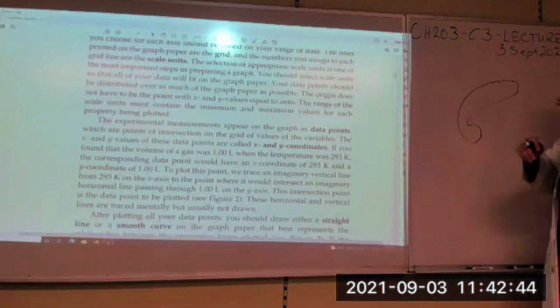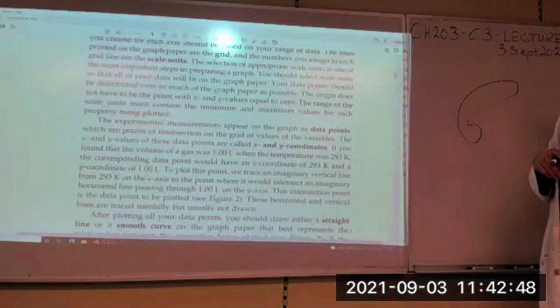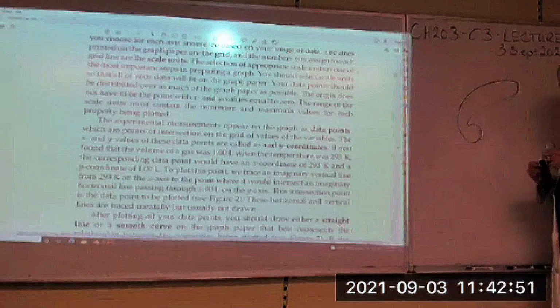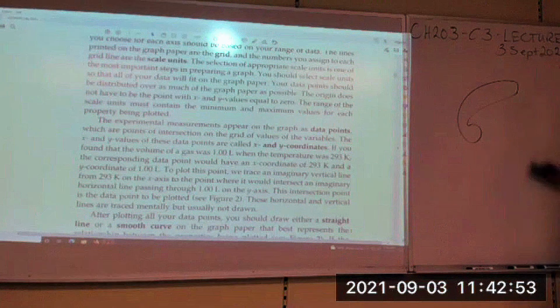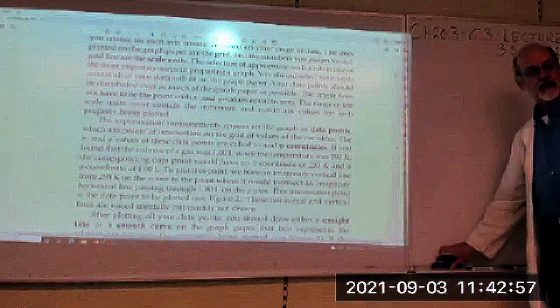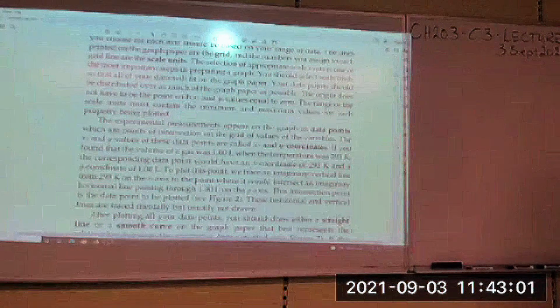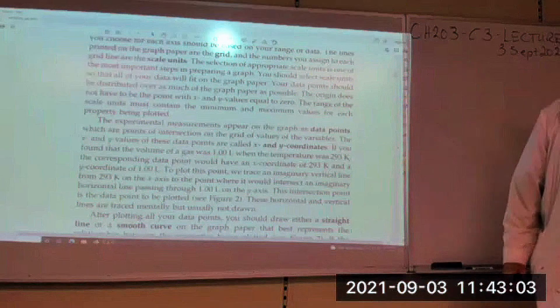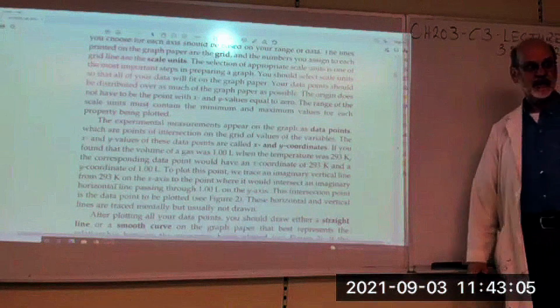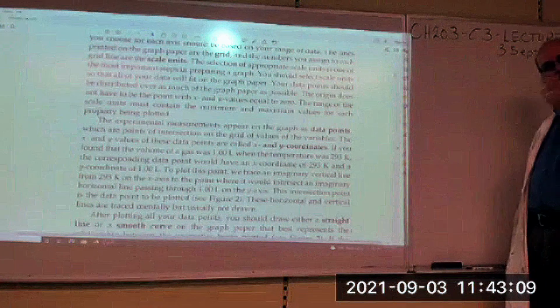So you can just move it around until it matches your data points and draw a smoother line using it. Now this is all, of course, for manual graphing. And that's where we're starting. There are computer programs that will help you out a lot with this. But this is so that you have a basic understanding of what's involved in graphing itself.